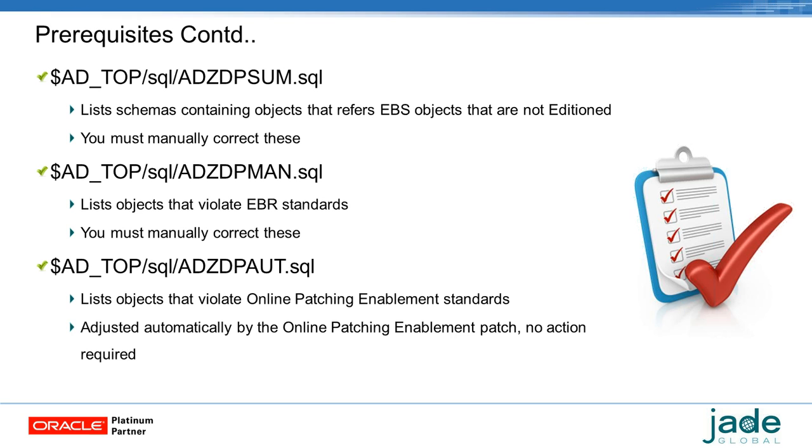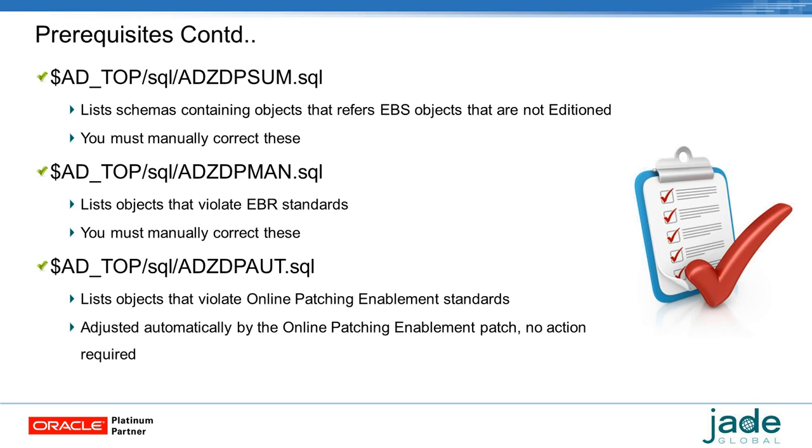The last one is called ADZDPAUT.SQL. What it does is list all the objects that violate the online patching enablement standard. Once you have already implemented R12.2 and you are ready for online patching, you will do an activity called online patching enablement. During that, there are certain standards to be followed.